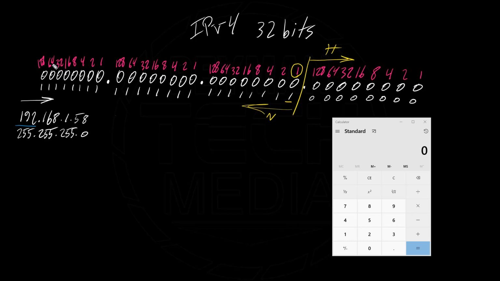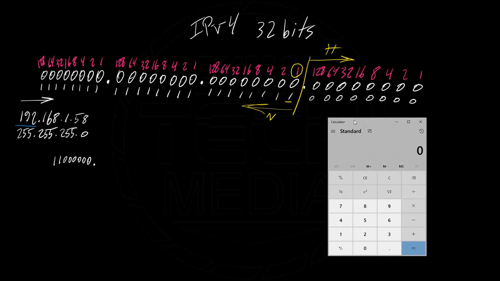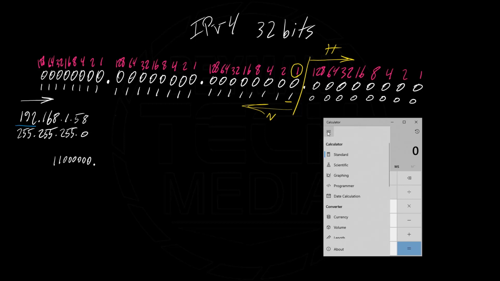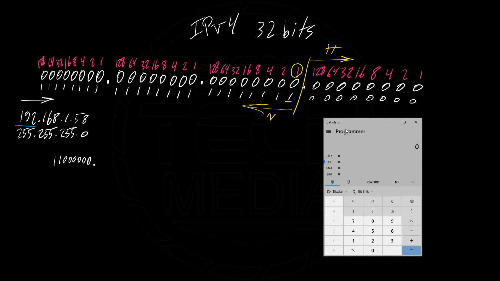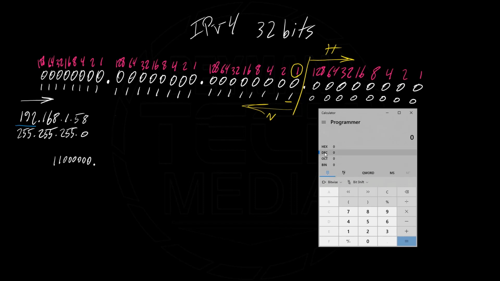192 is basically 128 plus 64, that's 192. The rest of the bits are off. So let's write down 192: that's 1, 2, and then 6 zeros, because in every octet we have 8 bits. 1, 2, 3, 4, 5, 6. And then 168 decimal, for which we can use our calculator. We need to change the standard view to programmer view, making sure decimal is selected, which it is.